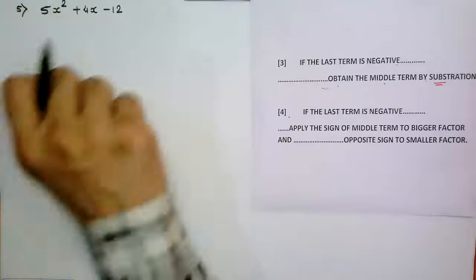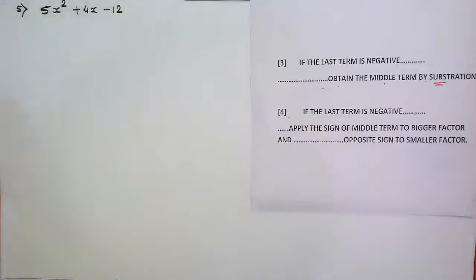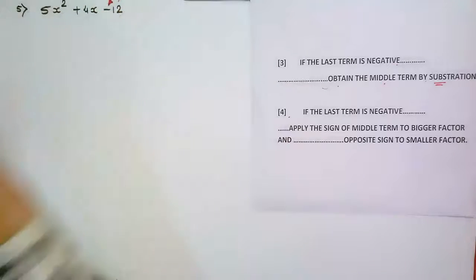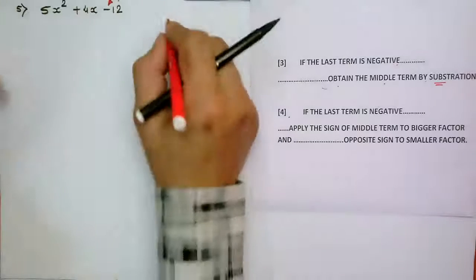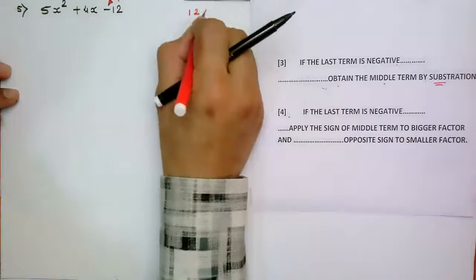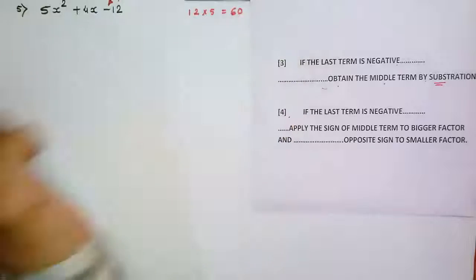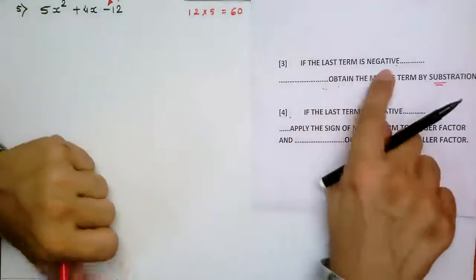So this over here, the last term is negative. Okay, very important. Last term is negative. 5 times 12 is 60. Rule number 3.